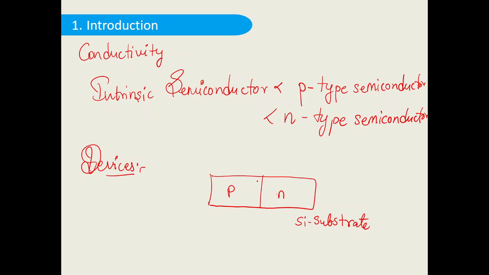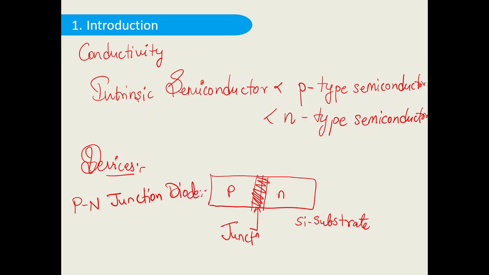In between the positive and negative type of semiconductor, a junction is formed. This junction is formed between the P type and the N type semiconductor. This device is called a PN junction diode.